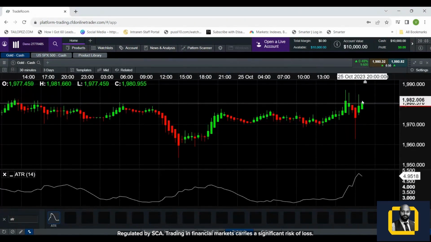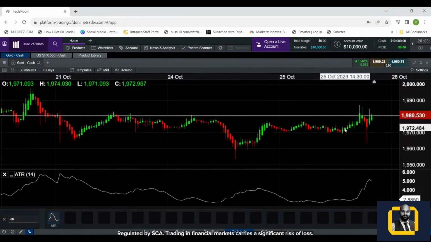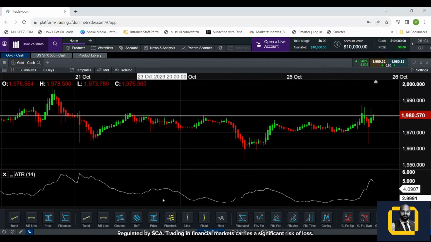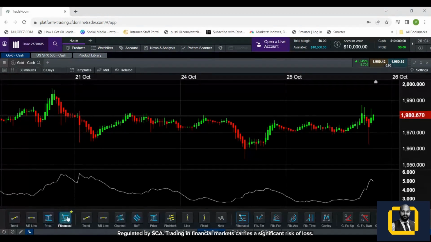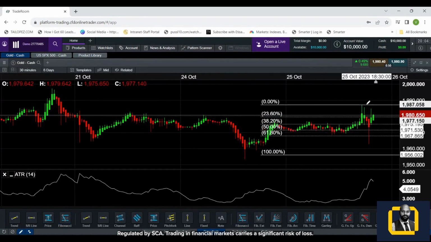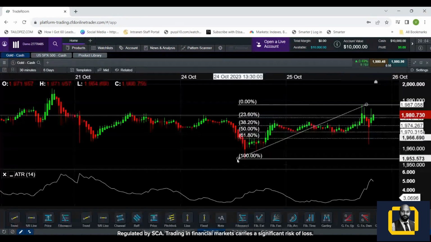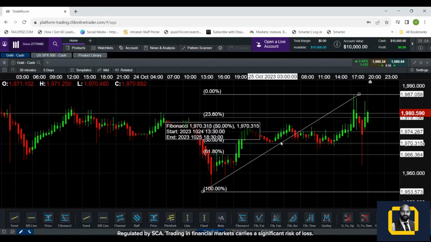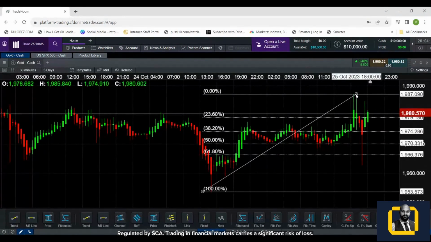Now, looking at the higher end, there is resistance here, but let's just look at using Fibonacci on this from the lowest point to the highest point. This was a low point here. This is the high point here. It's not a perfect trend, but nevertheless, it has caught up quite high over here and then gives a sharp drop.